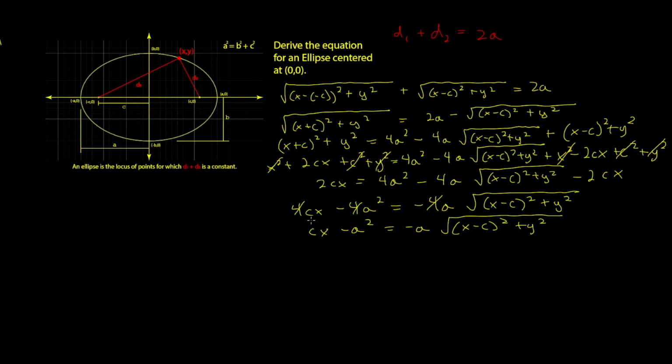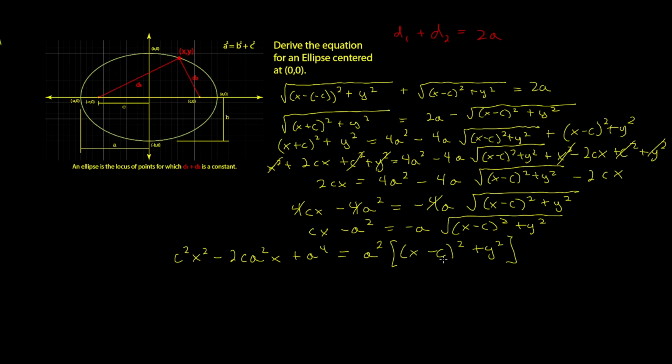Squaring both sides, so we have this side squared and this side squared. We're going to FOIL: c squared x squared minus 2c a squared x plus a to the fourth equals positive a squared times x minus c squared plus y squared.